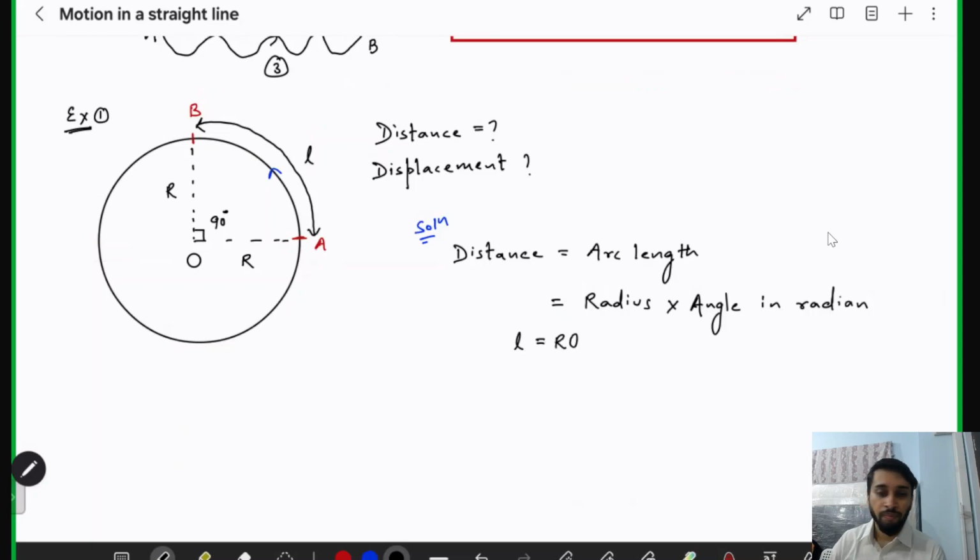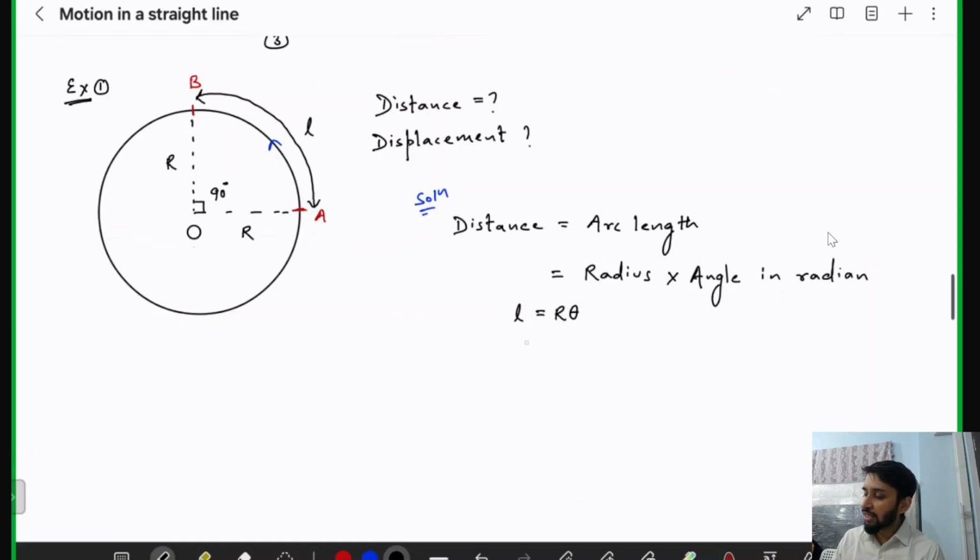So we can find the arc length here very easily. Here the angle is 90 degrees, so the distance will be radius into 90 degrees in radians, and 90 degrees in radians is simply pi by 2. So the distance in this case is going to be pi r by 2.